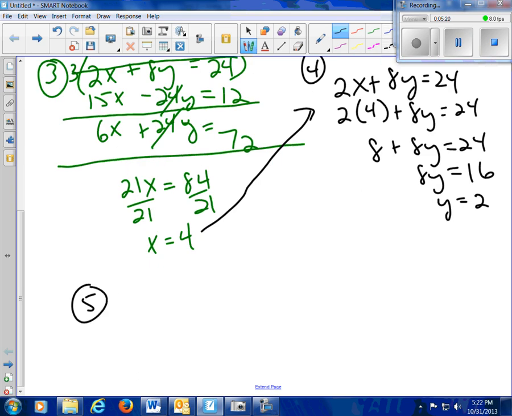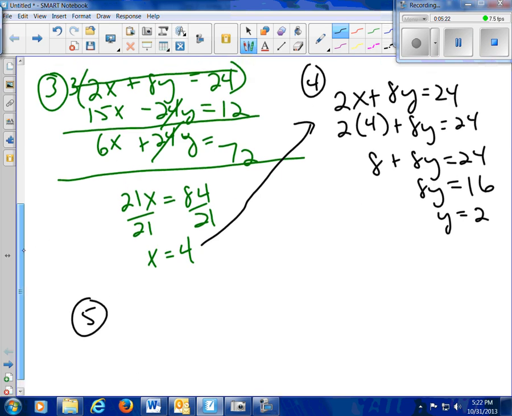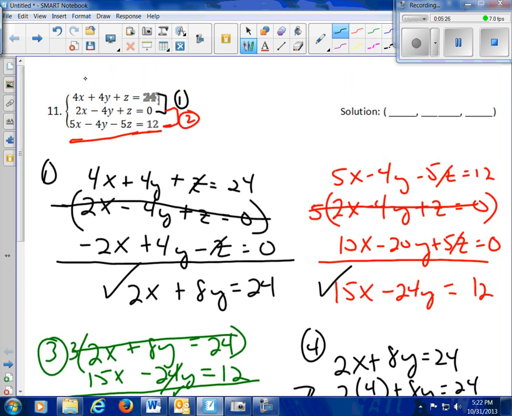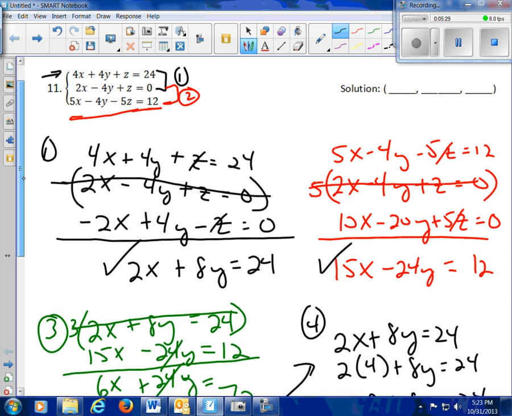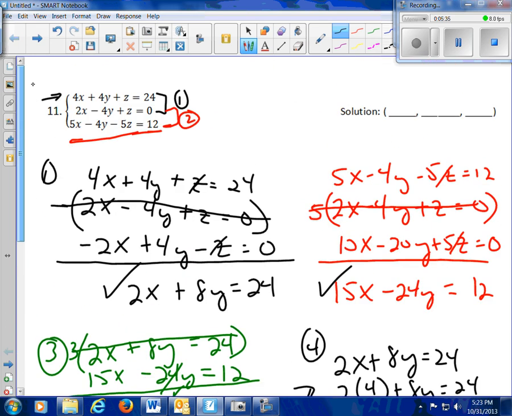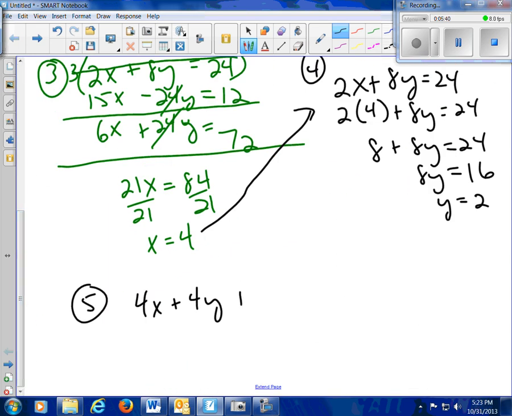So then finally, now that I know that x and y both equal something, I can borrow one of my original equations. I think I'm just going to take the first one I have, 4x plus 4y plus z equals 24. I am going to plug in x is 4 there.